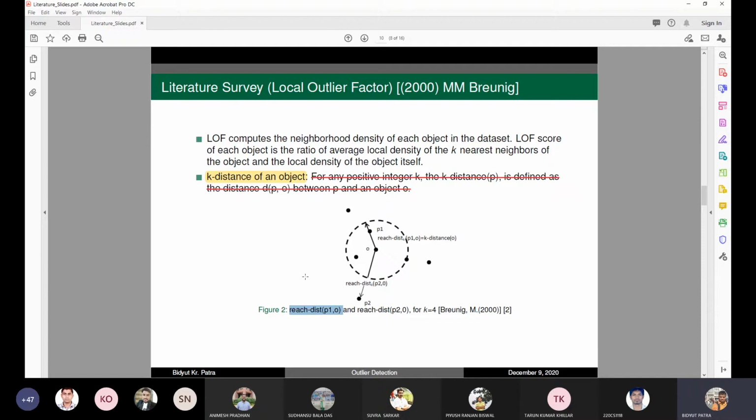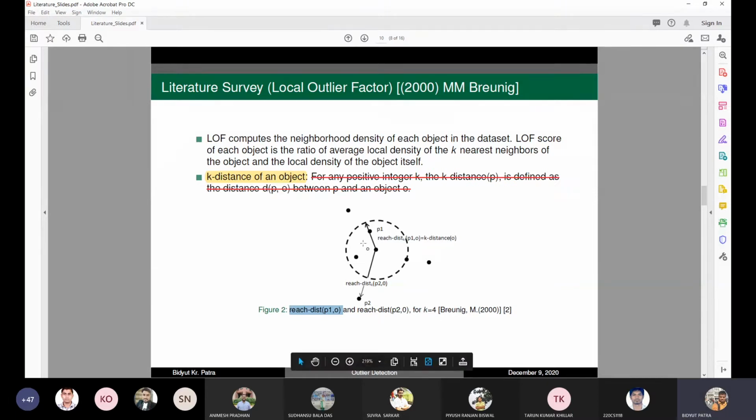Reach distance means reachability from the point O. The reachability of O to P1 is not only the plain distance. If the point belongs within the periphery of the k nearest neighbors, then you take the k nearest neighbor distance. But if the point is outside the k nearest neighbor distance, then you take the exact distance. So the maximum of these two distances is called reach dist.